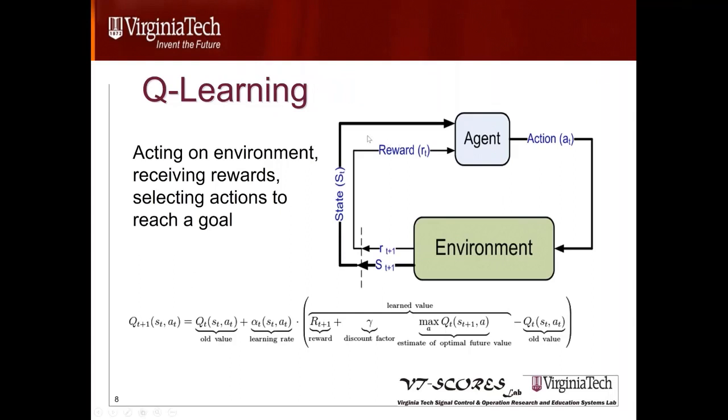All right, so Q learning. In general, reinforcement learning, or a simplified case of it, is Q learning. You have an agent, and the agent is going to sense the environment. From the environment, the agent is going to know which state it is in. Then it will take an action. That action is going to be perceived by, or affect, the environment.